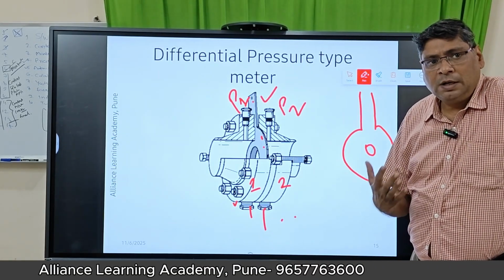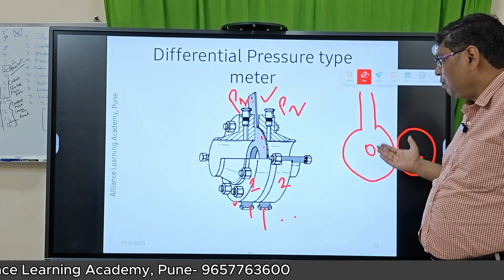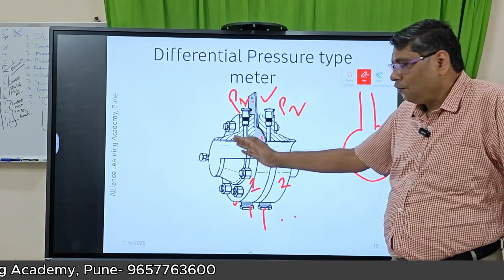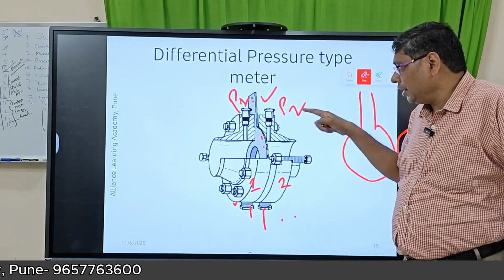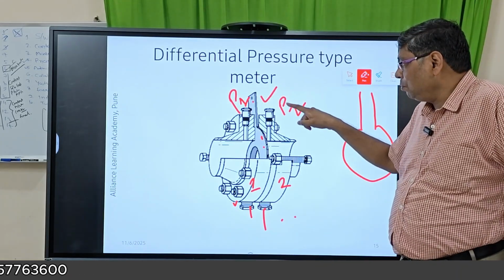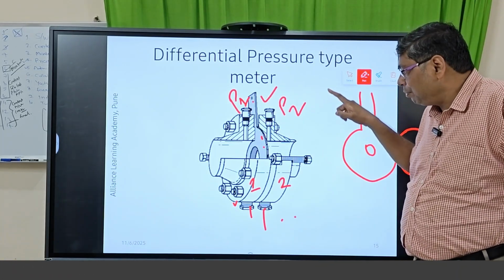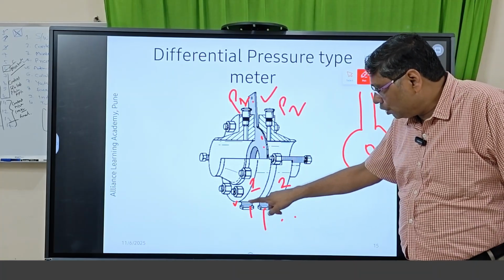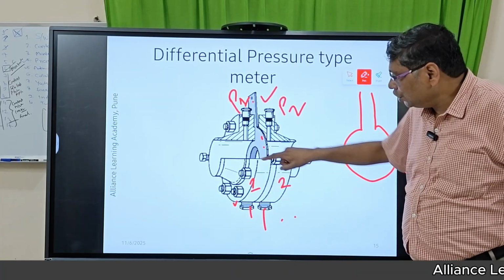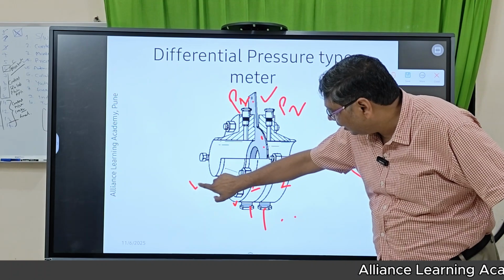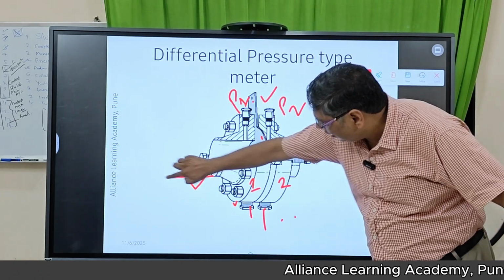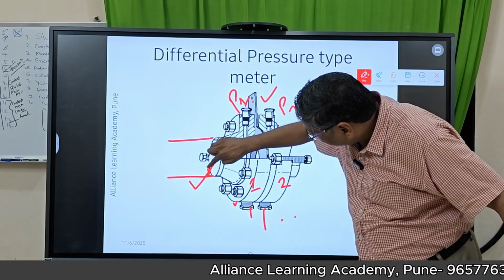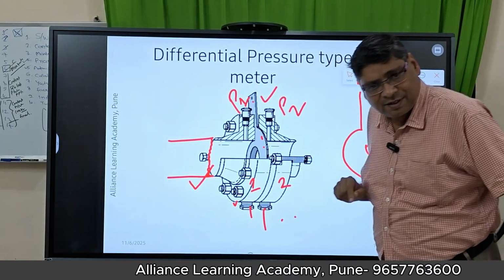So this is about the orifice plate sandwiched between two flanges by the nuts and bolts. Then two tapping points P1 and P2, and there are two drain points. And you see here also this is the weld neck. Okay, here the pipe is welded in this space, right?